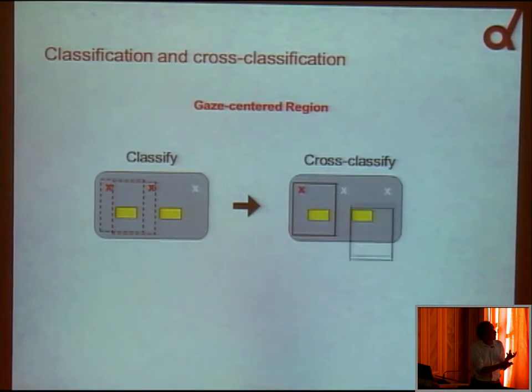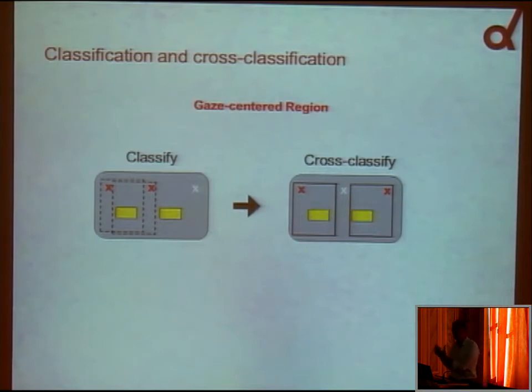That's illustrated here. So if you can classify this, you should be able to cross-classify this in a gaze-centered area. The same argument holds for the body-centered area. And so what you can now do is take all the classifications and cross-classifications, sum them up, and find evidence for the reference frame that is dominant in a particular area. And that's what we did.